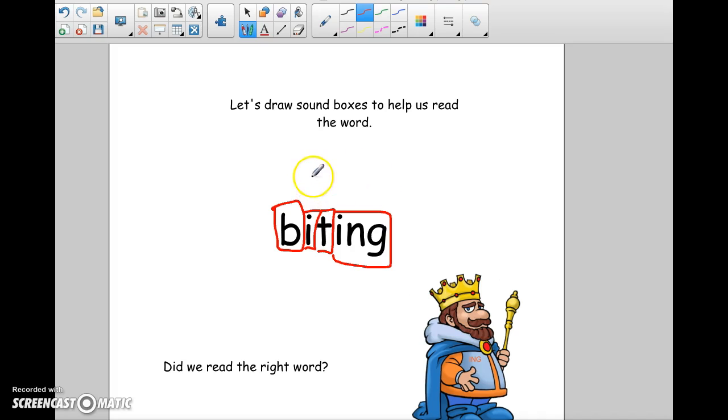Doesn't make sense. We've got to use flip flop frog and change the vowel name for the letter I. So change it from the vowel sound to the vowel name. Going back, b, I, t, ing, biting.